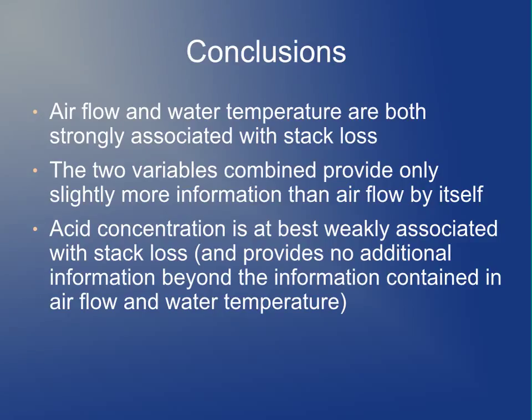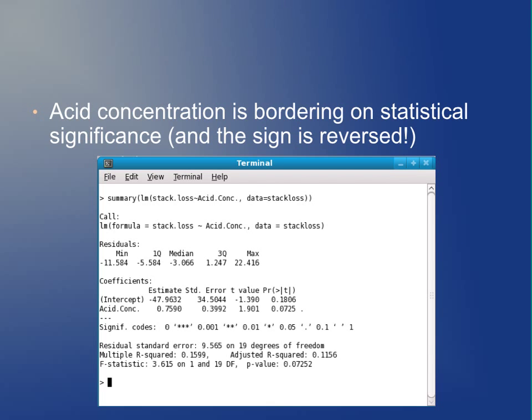So what does all this mean? It looks like the best way to interpret this is airflow and water temperature are both strongly associated with stack loss. If you combine the two variables, you get only a little more information than you do from airflow by itself. I make that conclusion based on a number of things.